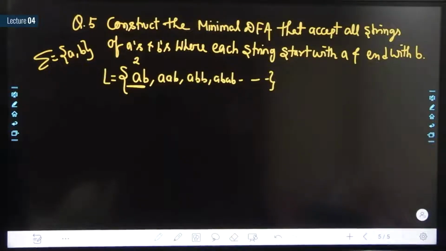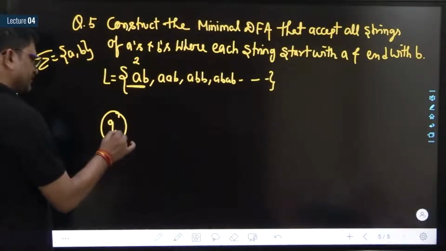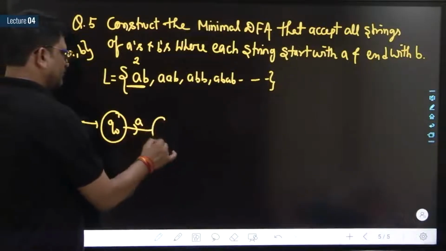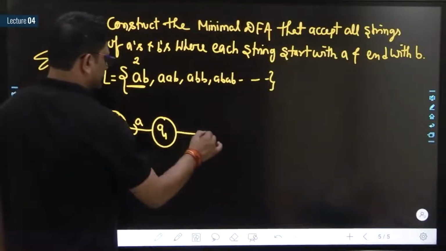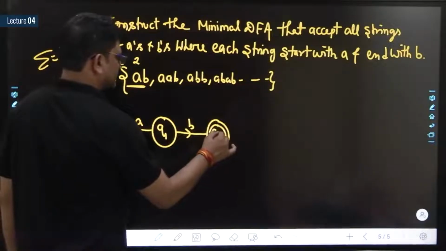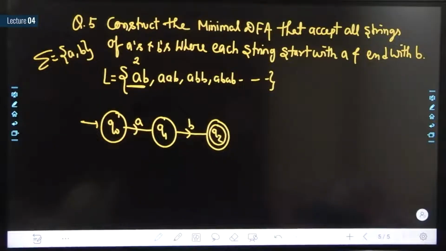Yes. Q0 is the initial state. Reading A goes into the next state Q1. B goes into the final state. This is our skeleton. Make it a DFA.